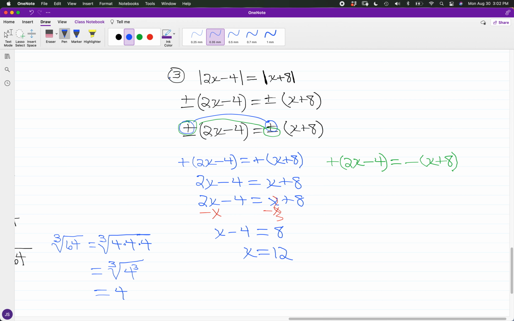Now, for the plus and minus combination, I'm still keeping 2x minus 4, no sign change in this one. Now to the right, I'm going to be taking the opposite sign, or the negative of x plus 8. So this is going to be negative x minus 8.